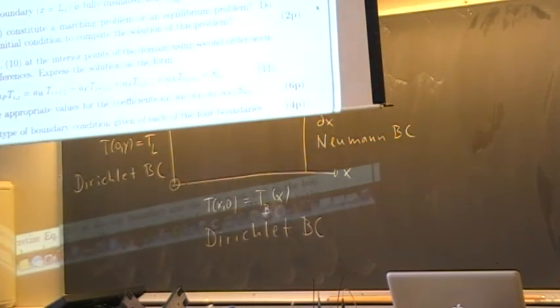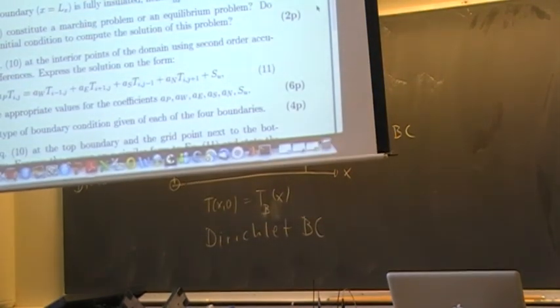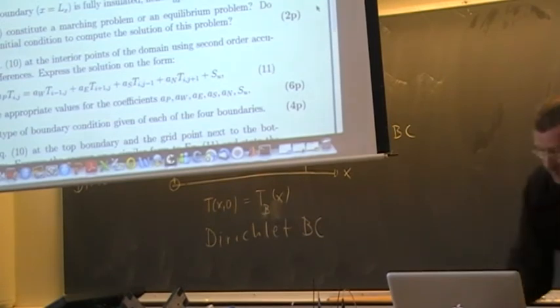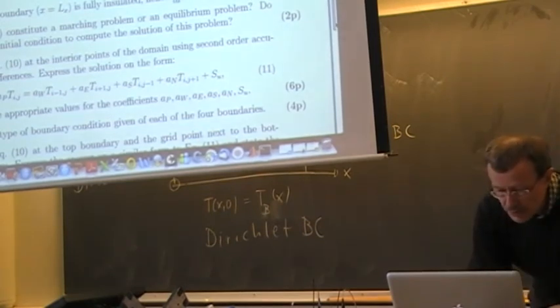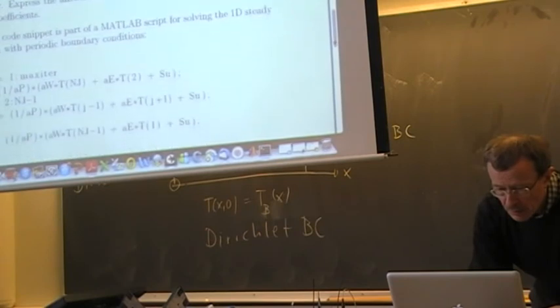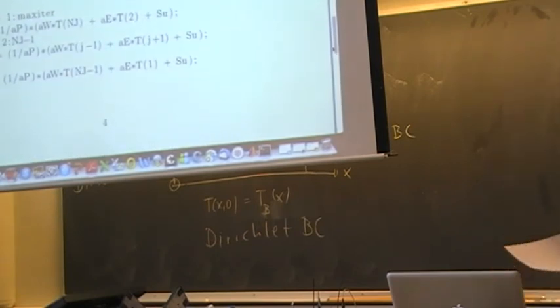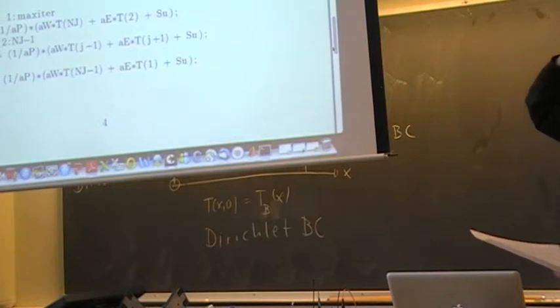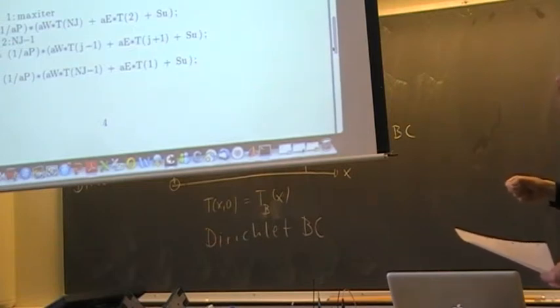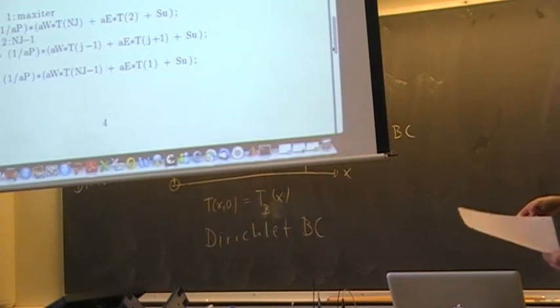Okay. C is established. D. Scroll it down a little bit here. Discretize equation 10 at the top boundary and the grid point next to the bottom boundary. Express the answer in a similar form as equation 11 and state the appropriate coefficients.